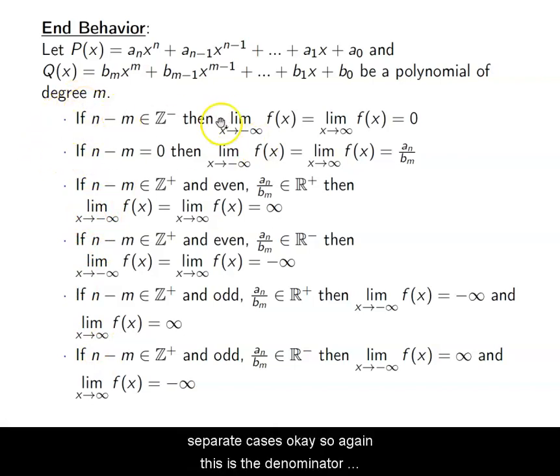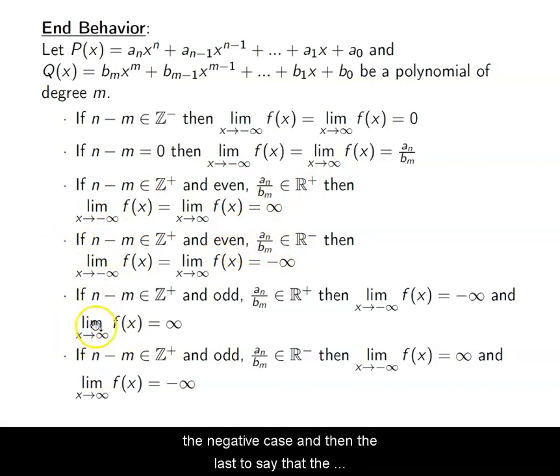Okay, so again, this is the denominator dominates the function. This is that they both cancel each other out, basically, right? Neither of them dominates. And then these four are what happens when the numerator dominates. Okay, the first two are saying that the numerator is dominating, and it's acting like an even polynomial, one with the positive case and one with the negative case.